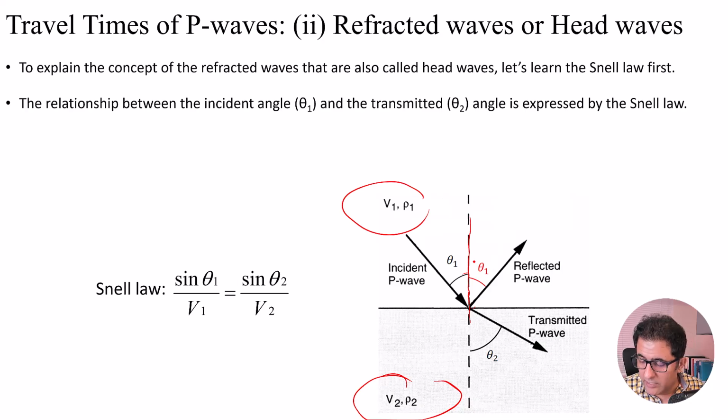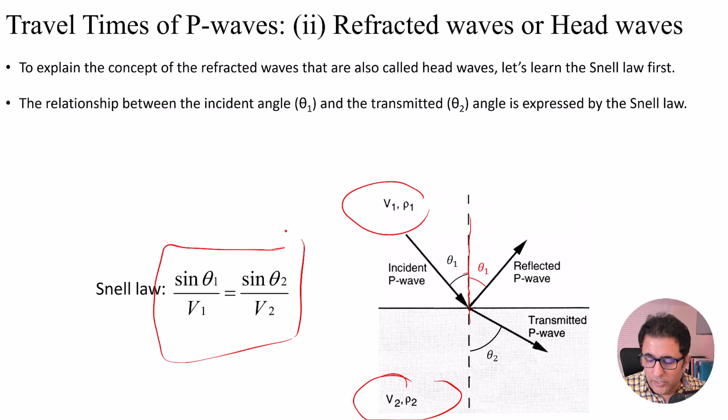But the transmitted angle will be theta 2, and that can be different from theta 1. Indeed, when we have velocity contrast, it is different. Snell's law gives a relationship between V1 and V2, and based on this relationship, we are able to predict the value of theta 2 based on theta 1, V1, and V2.